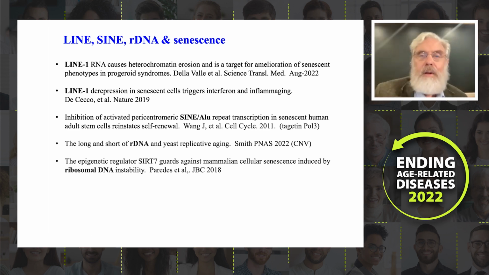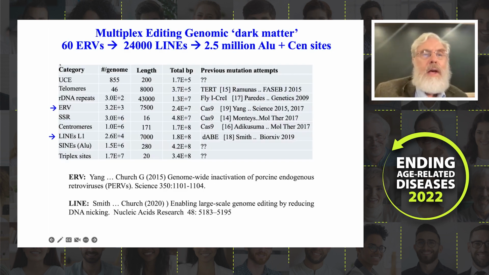So anyway, these are 3 categories of repeats, and there are some more here that we now can and are editing. For example, I've already mentioned the endogenous retroviruses that we had to eliminate for the FDA in pigs. And then we moved on to an even more abundant family.